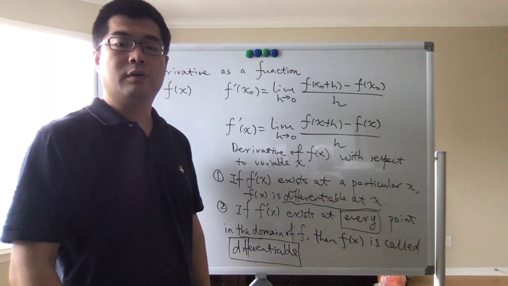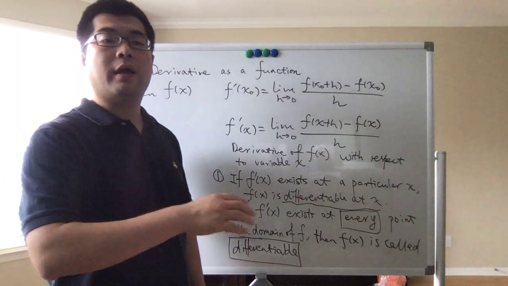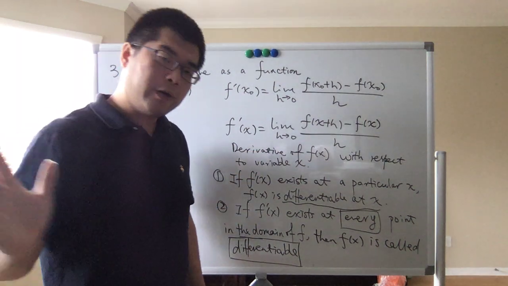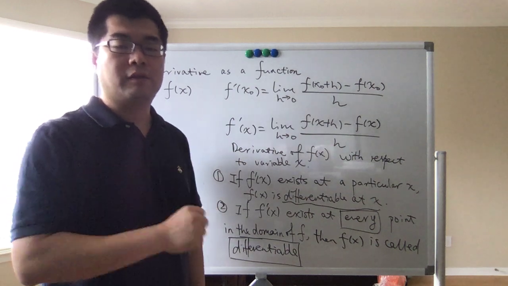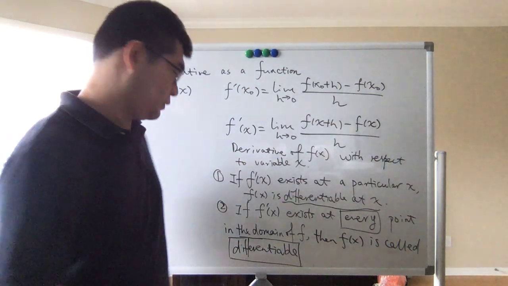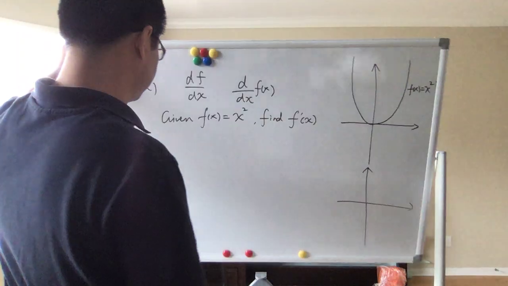So differentiable at a point, and if the derivative exists for each of the points in its interval, then the function is called differentiable. Okay, so just some concepts. Now let's move on.